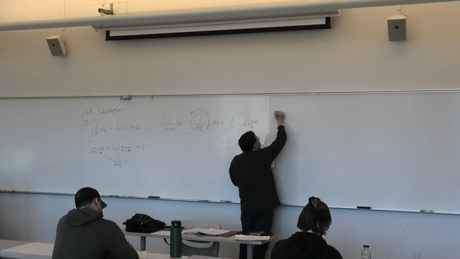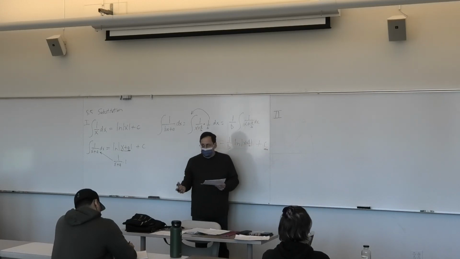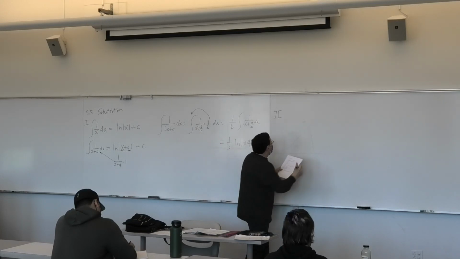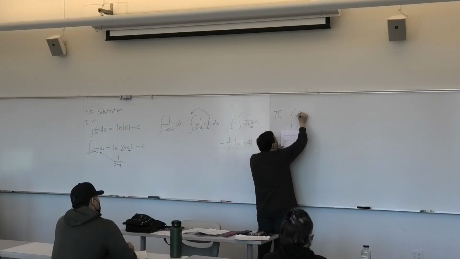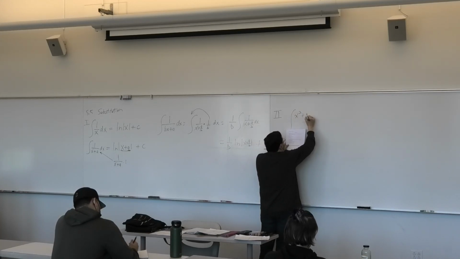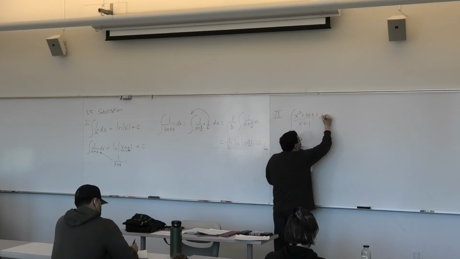Example 2, this is a different problem. Looks like this. We have maybe x squared plus 3x plus 1 over x plus 1 dx.